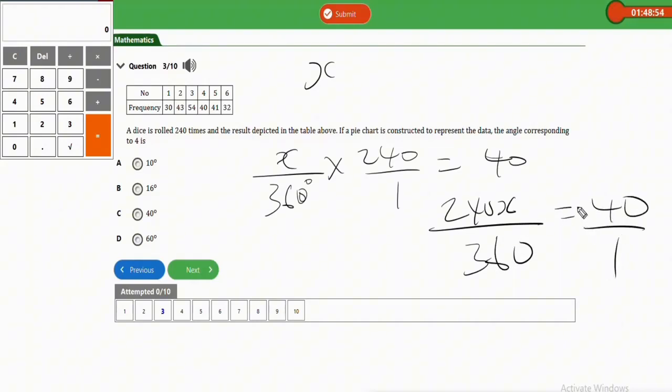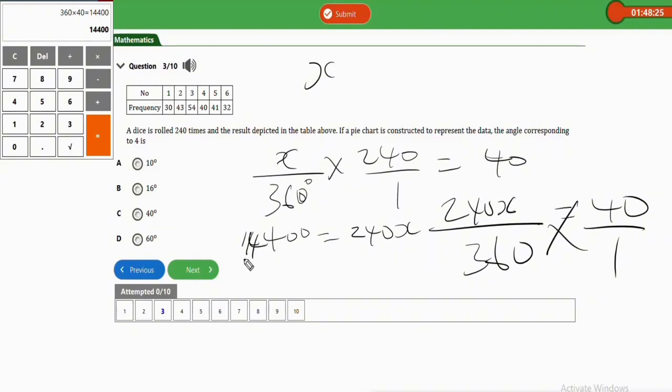Now you cross multiply. Let's punch this on the calculator: 360 times 40. We have the output to be 14400 equals 240x.